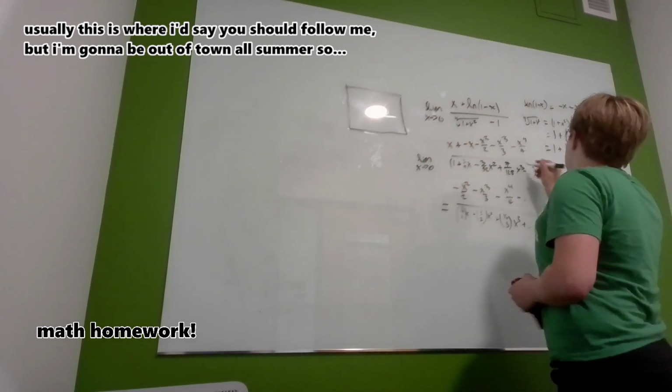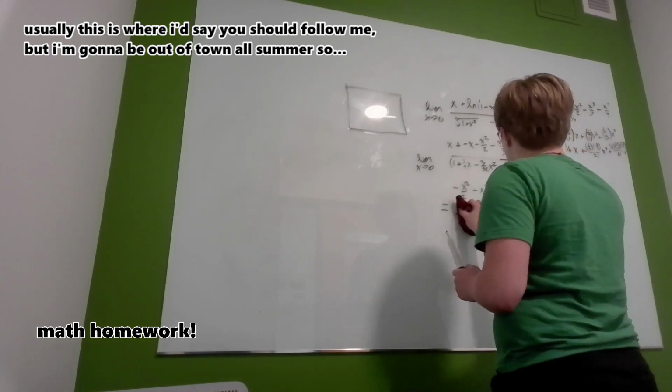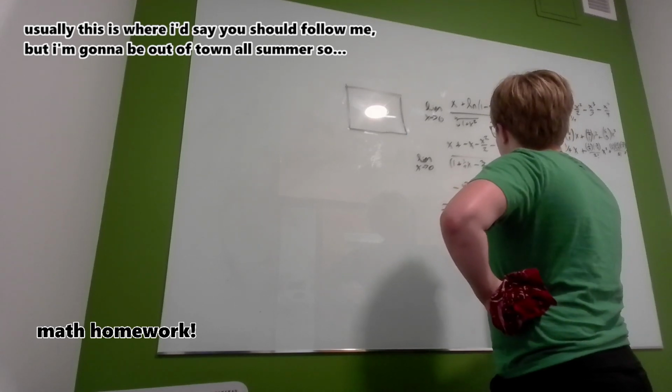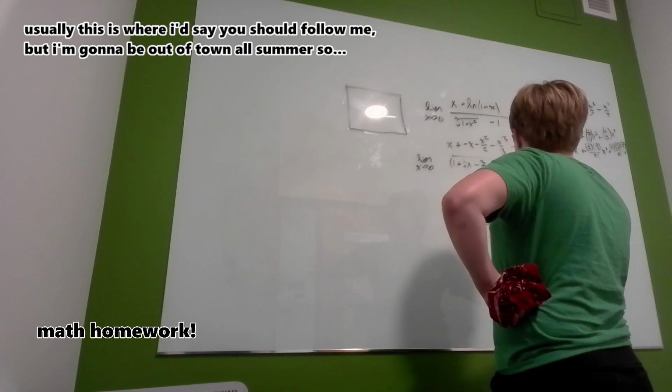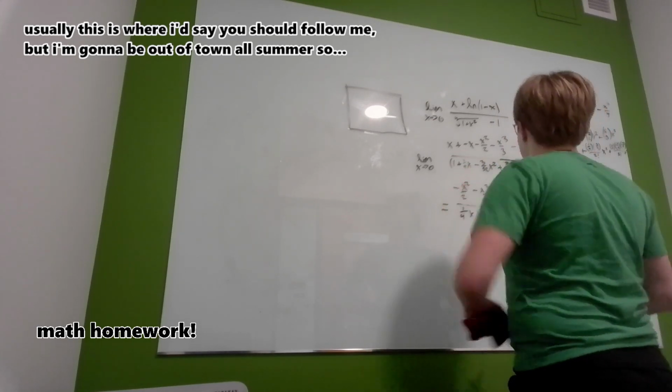And then it's 1 at the end there. So what we really get is 1/4 x minus 3 over 32 x squared plus 7 over 8 x cubed minus that dot.